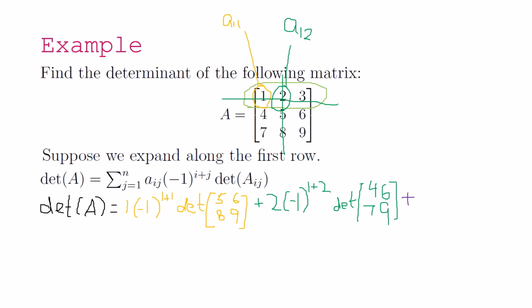And for the third term in the summation, we'll have A13. So A13 in our matrix is just going to be the entry 3.